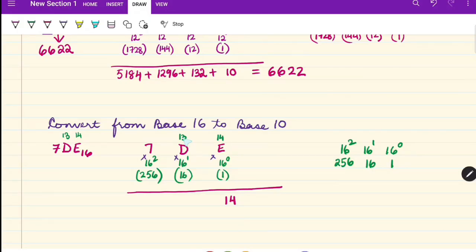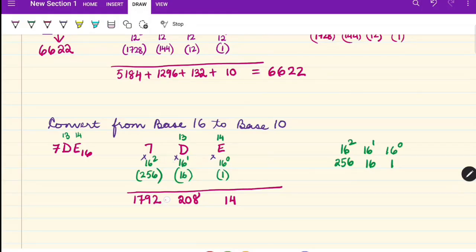And then 13 multiplied by 16 to the power 1, which is 16, has a value of 208. And then finally 7 multiplied by 256 has a value of 1,792.